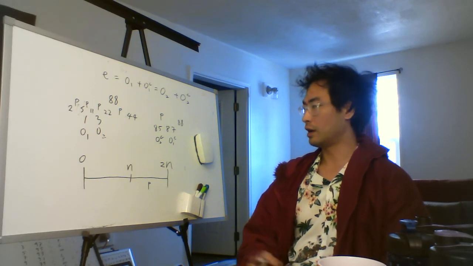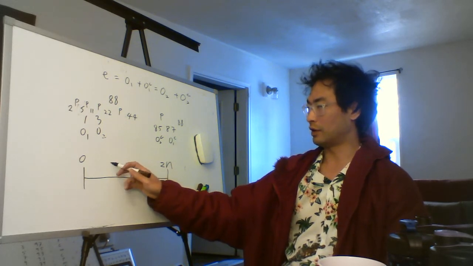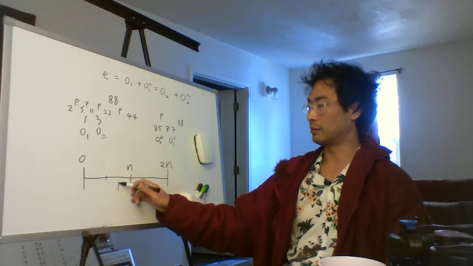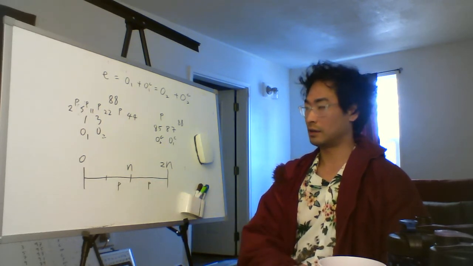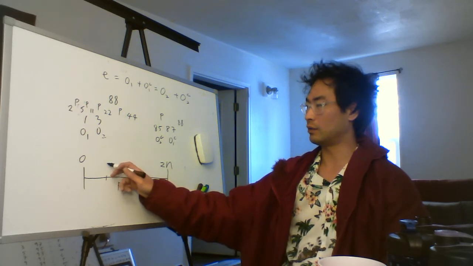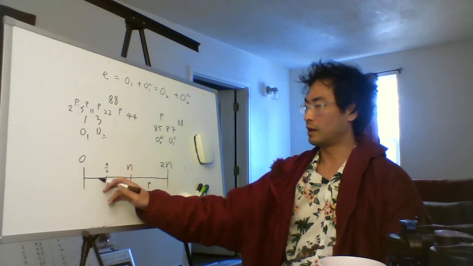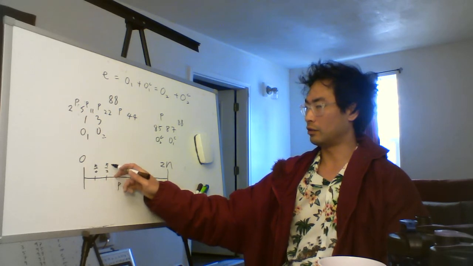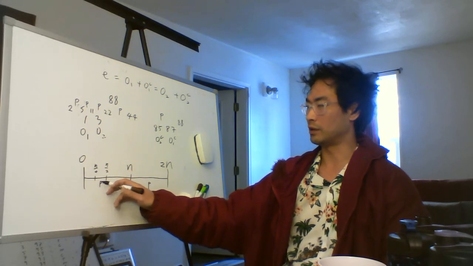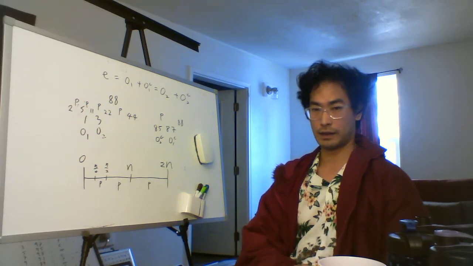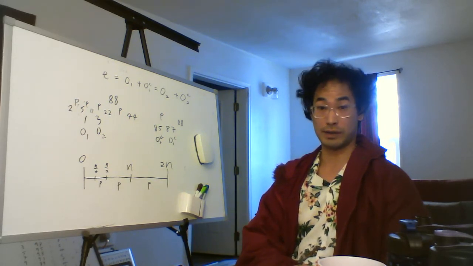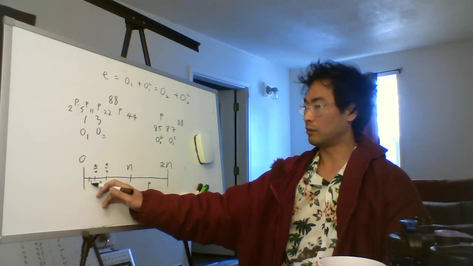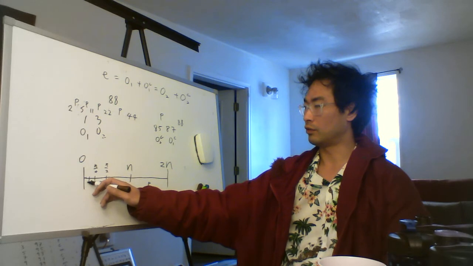Now between n and n over 2, you have at least 1 prime. So this is n over 2. Between n over 4 and n over 2, there is at least 1 prime. So that's the Bertrand-Chebyshev theorem, and here you have 1 prime, here you have 1 prime.